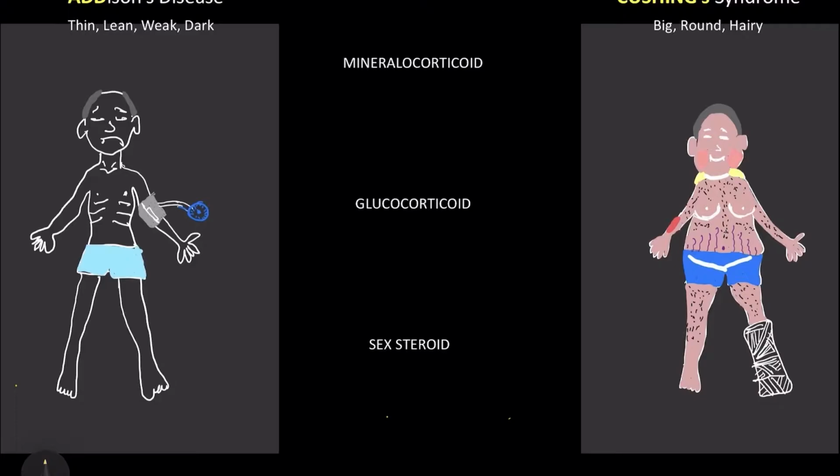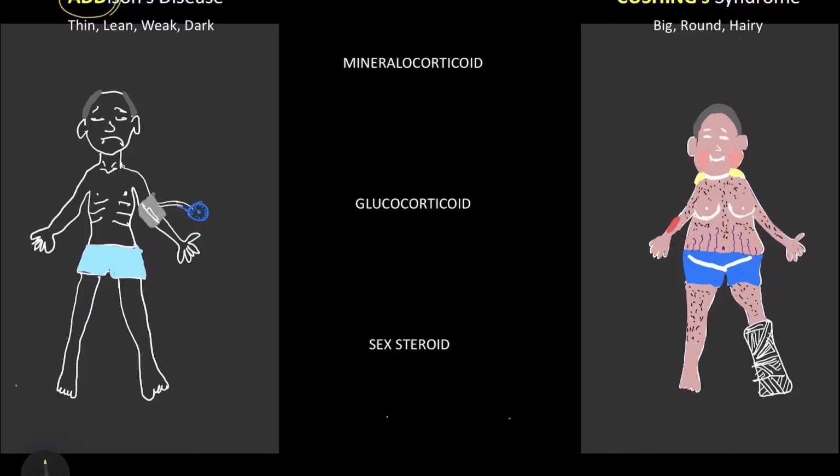Now, the first important thing you have to remember is why these diseases occur. Just by looking at the name of the disease, you can simply remember. For Addison's disease, it is the AD. AD means the hormonal levels are low and you have to add the hormones from outside. Like that, in Cushing syndrome, see the name, it is Cushing.